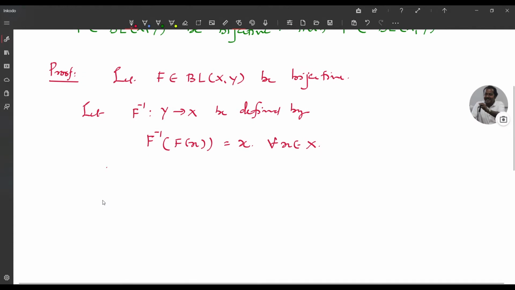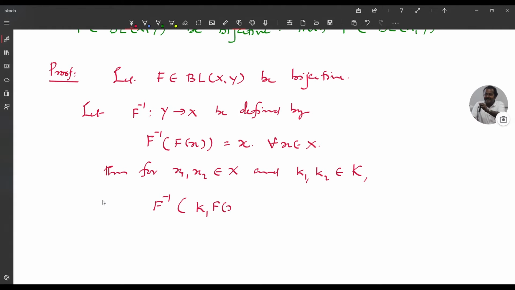Then for x1, x2 in X and k1, k2 belonging to K, f inverse of k1 f of x1 plus k2 f of x2 is equal to f inverse of f of k1 x1 plus k2 x2, since f is linear.